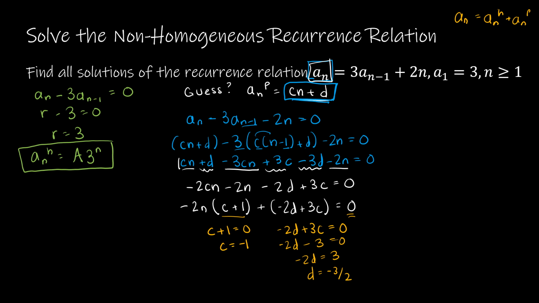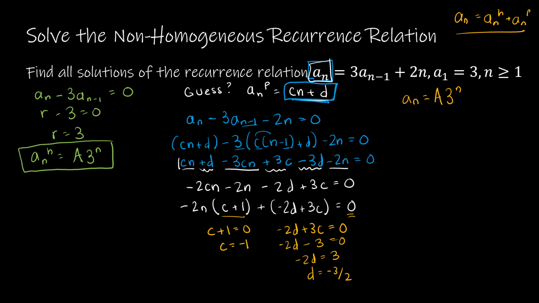So now what? I've solved for C, I've solved for D, but I still don't have a solution. What am I supposed to do? Well, now I have to go back up to this original format. A sub n. I'm going to replace a and h with a, 3 to the n. And what, in fact, is a and p? Well, let's take a look.